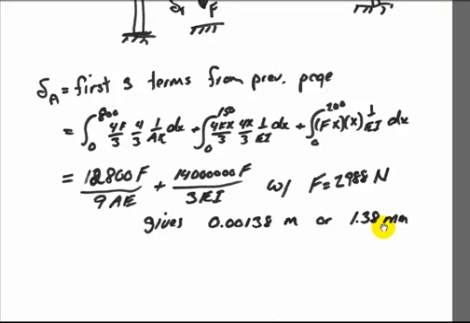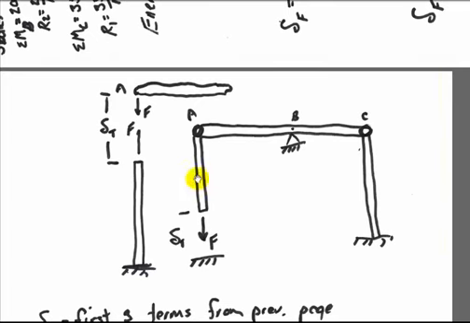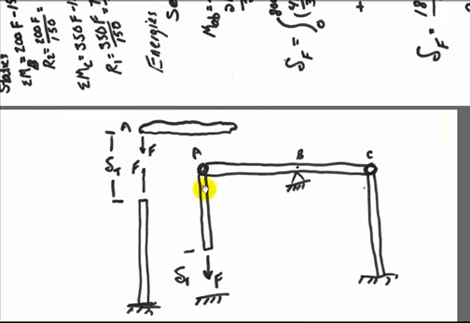Comparing that to the 1.5 millimeter deflection caused by the nut, the deflection at A is much larger than the extension of this member. Point A bends down 1.38 millimeters. We only have about a 0.12 millimeter extension of this piece.